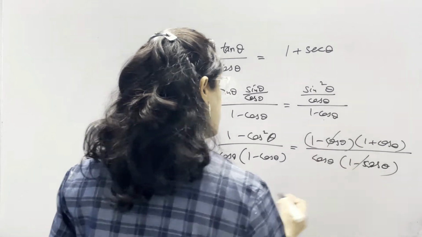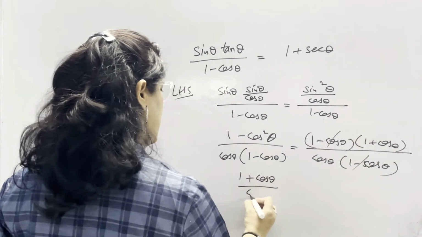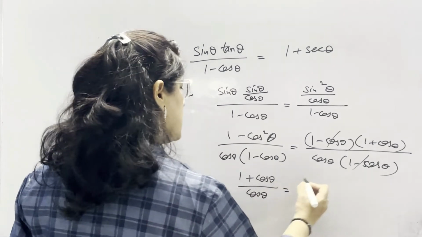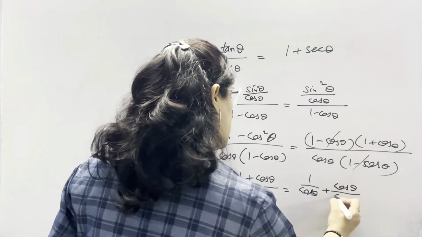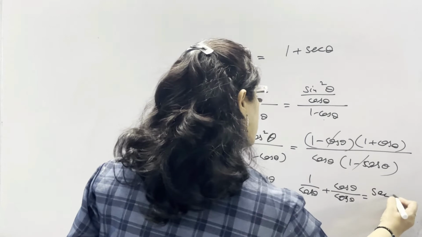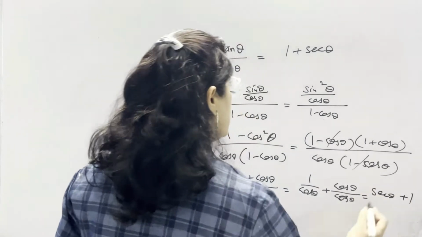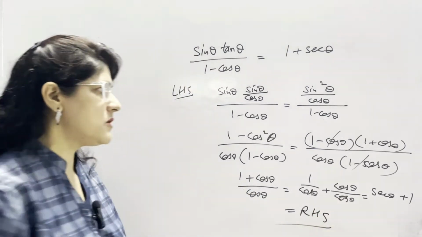Now 1 minus cos theta cancels, then 1 plus cos theta and cos theta. Now we can separate them, 1 upon cos theta and then cos theta upon cos theta. It means 1 upon cos is sec theta and cos upon cos is 1. Sec theta plus 1. This is our right hand side and hence proved.